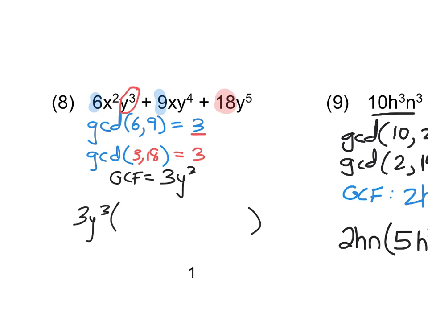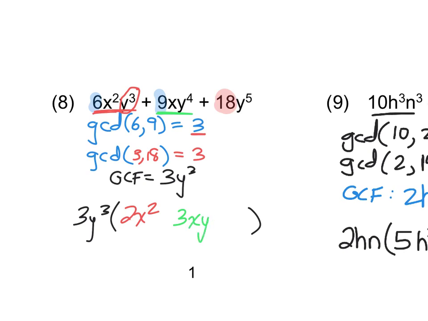I'm going to have a trinomial here because I have 3 terms. So what do I get if I take 6x squared y cubed and divide it by 3y cubed? 2x squared. What do I get if I take 9xy to the 4th and divide it by 3y cubed? 3xy, yep.